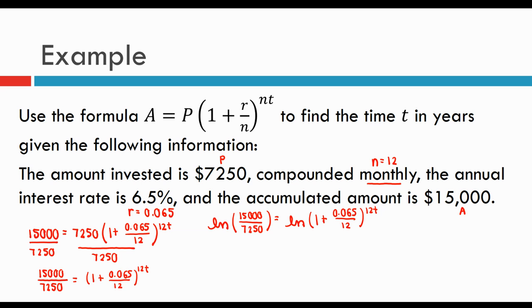Okay, so notice that this time on the right, we don't have a base of e. So the natural log and that base will not cancel out nicely. So that means we have to follow the power rule. I'm going to move that 12t exponent out in front by multiplying. So notice that we'll have 12 times t times the natural log of all of this.